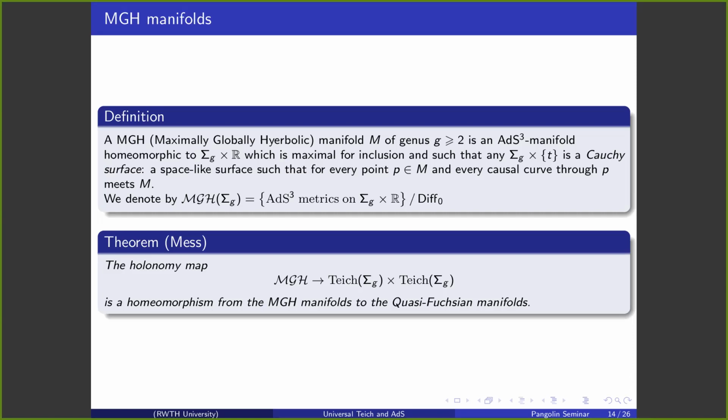Okay, so the point of this theorem by Mess is to argue that the quasi-Fuchsian manifolds are actually frequent or even generic if you want to assume that the ADS manifold you try to construct contains a Cauchy surface. See, I think Mess is motivated by theoretical physics, right?